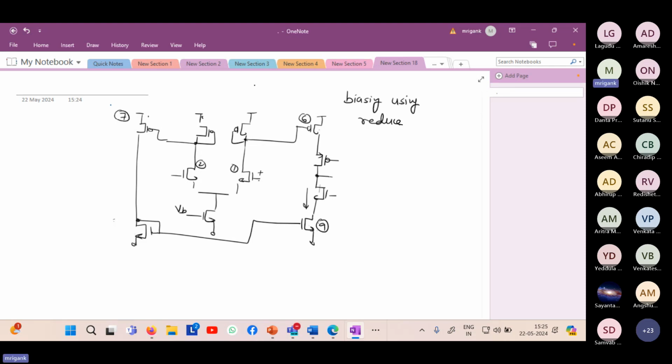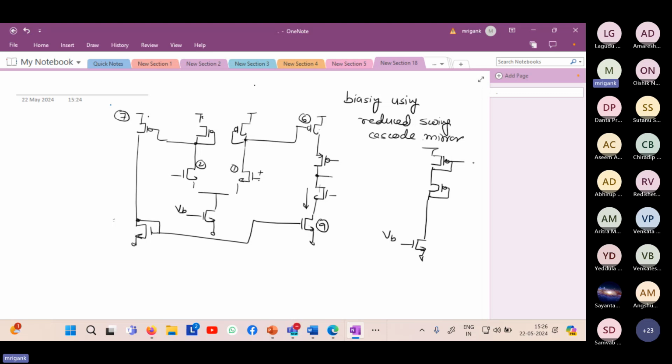Reduced swing cascode mirror. Here the way we have biased it, especially the upper devices, if you remember, we are bringing a current, whatever VB is coming, we are bringing that current over here, and they are mirroring it upside, and then we are having two PMOS transistors like this.